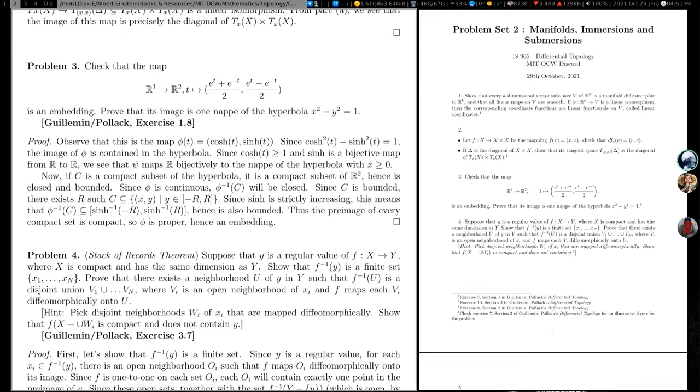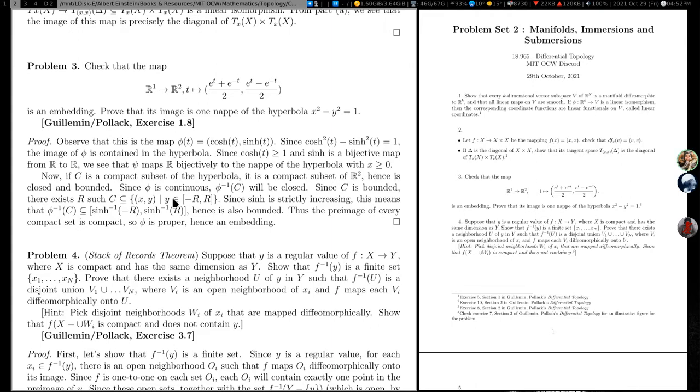And where are you actually unsatisfied with this proof? I think it's good. It just feels overworked, because this is just a hyperbola. Yeah, it seems like it should just be obvious.